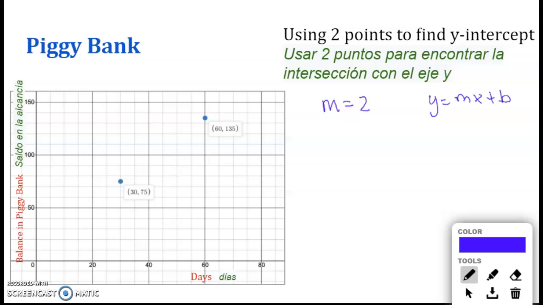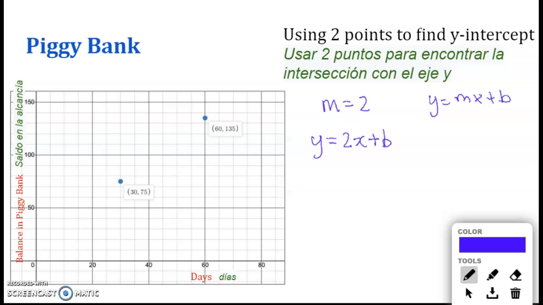We figured out the slope, so now we can write the partially completed equation. Instead of m, we can write 2 because we figured out the slope to be 2x plus, but we still do not know what b is. So I am just going to write plus b here because that's a variable we still do not know.